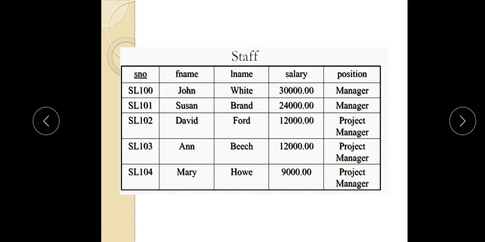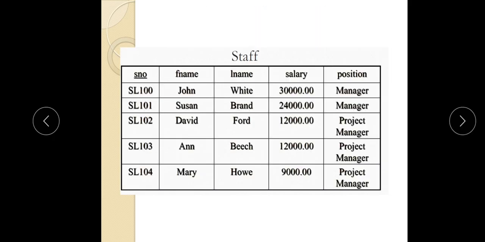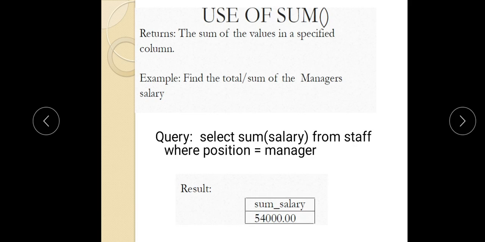So this is one example that we are going to see today. From this table we are going to see some examples, considering this table as an example and running various queries based on it. First, use of sum. The sum function returns the sum of the values specified in a column.